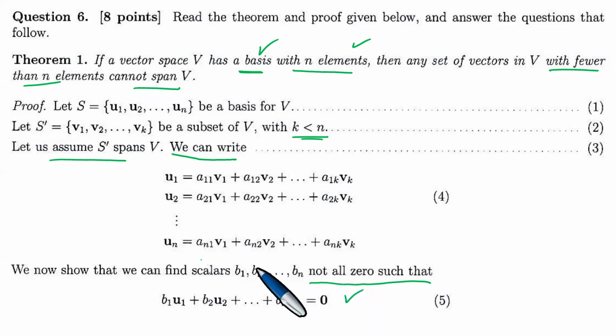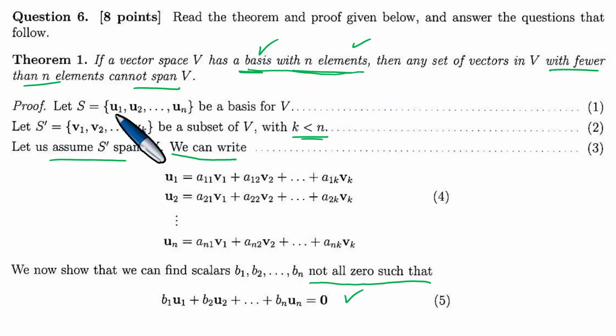We said that if V is a vector space and it has a basis with n elements, then all the scalars must be 0. So if not all of these are 0, we therefore have a contradiction.